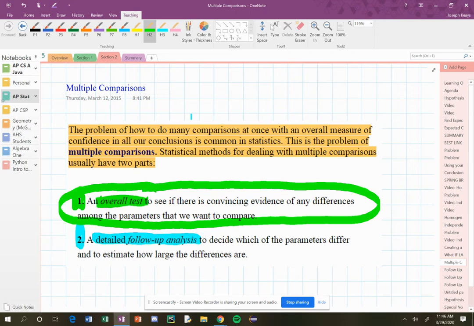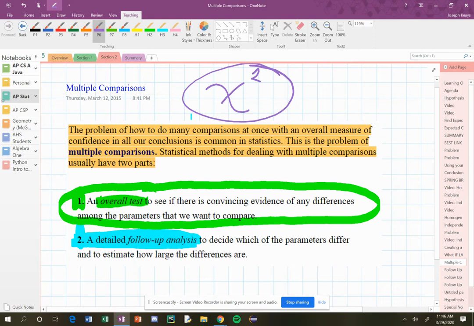So the next logical question is to do a detailed follow-up analysis because you're not quite sure of that chi-squared test statistic. Remember, you're getting one for each and every single value within our matrix.